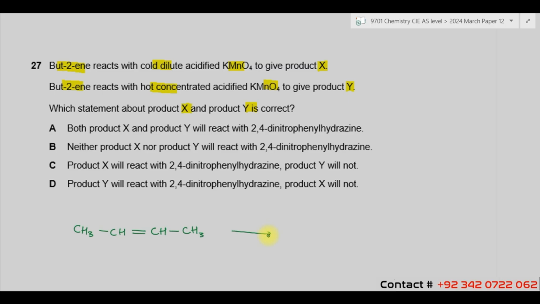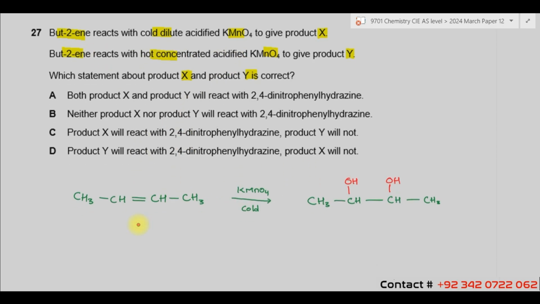Cold dilute acidified KMnO4 converts alkene to diol. Second is with hot concentrated acidified KMnO4, which breaks the double bond.